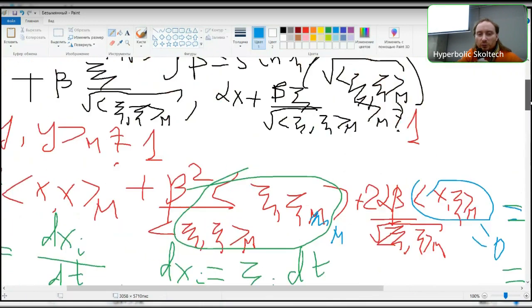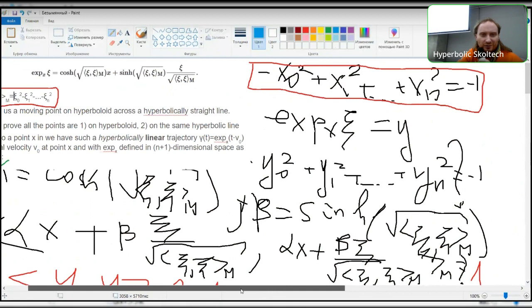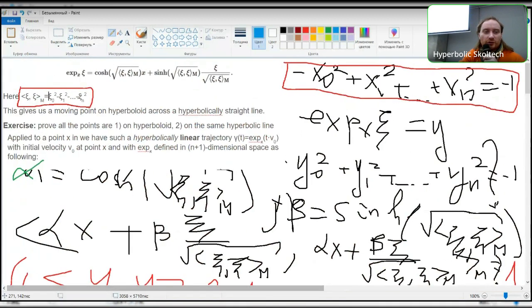Some mistake probably. Maybe the mistake is even in the exercise. So I wasn't correct. Here we should have this with minus.